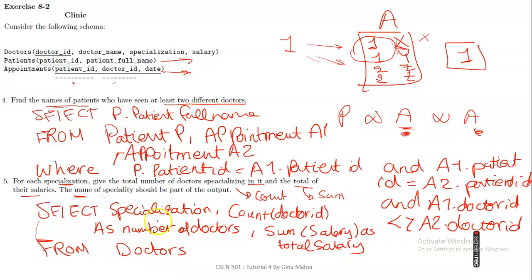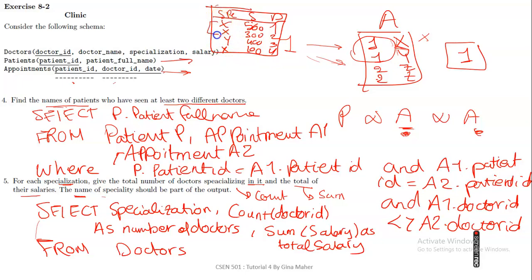Suppose we have a table like this with the specialization, salary, and doctor ID. Doctor ID 1, specialization X, 500; 2, 300, specialization X; doctor 3, Y, 403; 4, 100, X. We want to get the total of each specialization.